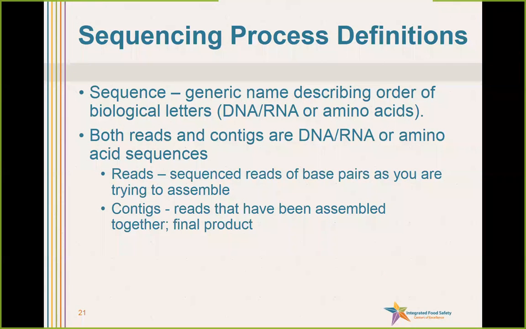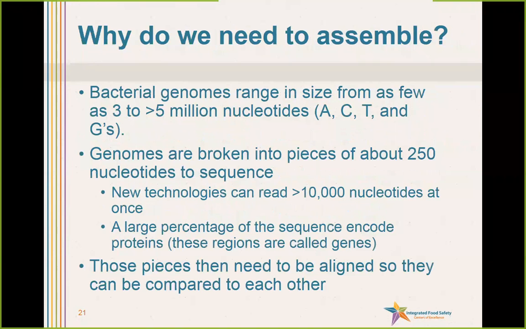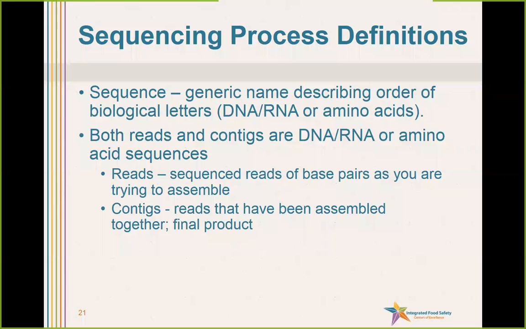Before I delve in, let's discuss definitions that are specific to the sequencing process. A sequence is the generic name describing the order of biological letters associated with the DNA, RNA, or amino acids.